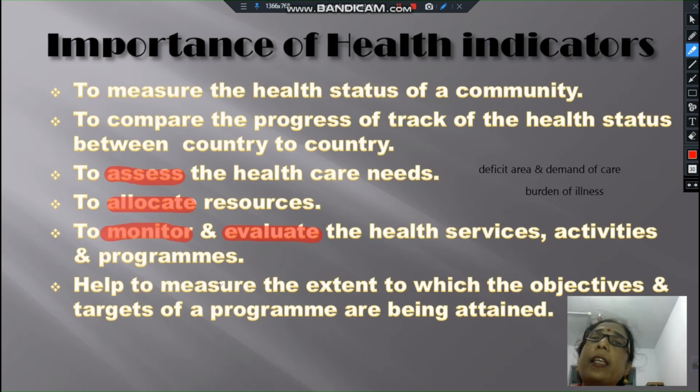So it gives a clue for future planning and helps to measure the extent to which the objectives and targets of a program are being attained.